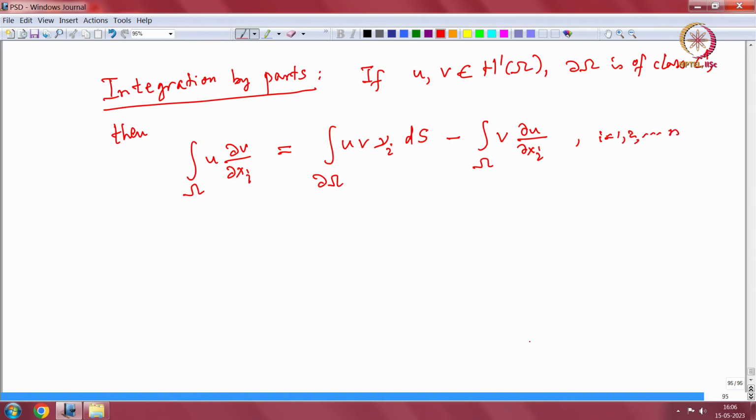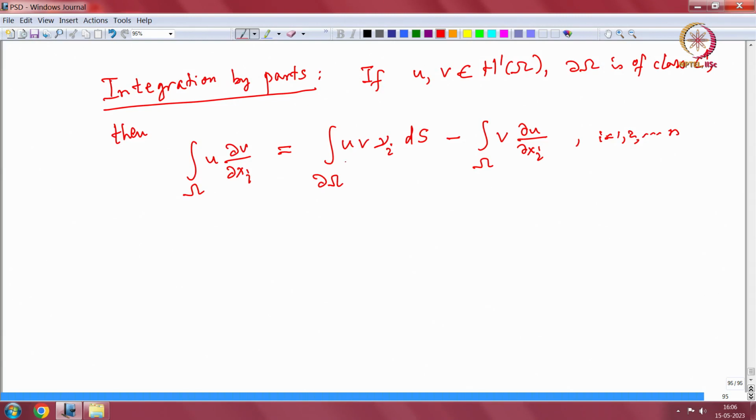Using this integration by parts formula and some manipulation, you can derive the divergence theorem, and with more assumptions on u and v, you can derive Green's formula, all those things. So, there is absolutely no problem.